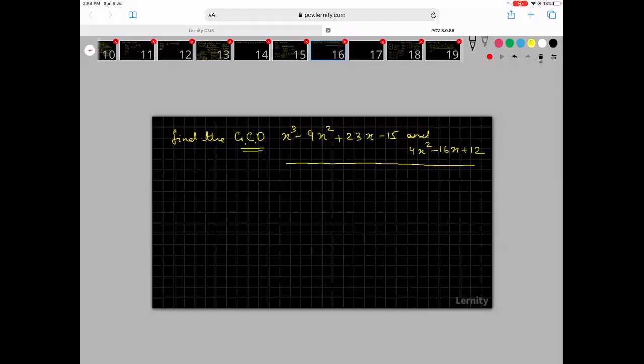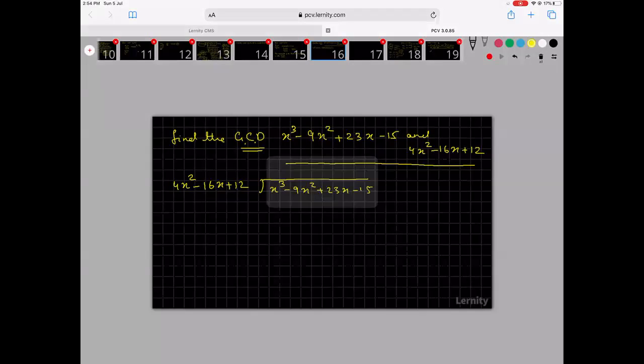Okay, so I will explain this one correctly. So see, you have 4x square minus 16x plus 12 being divided into x cube minus 9x square plus 23x minus 15. So here is x cube, here is 4x square.